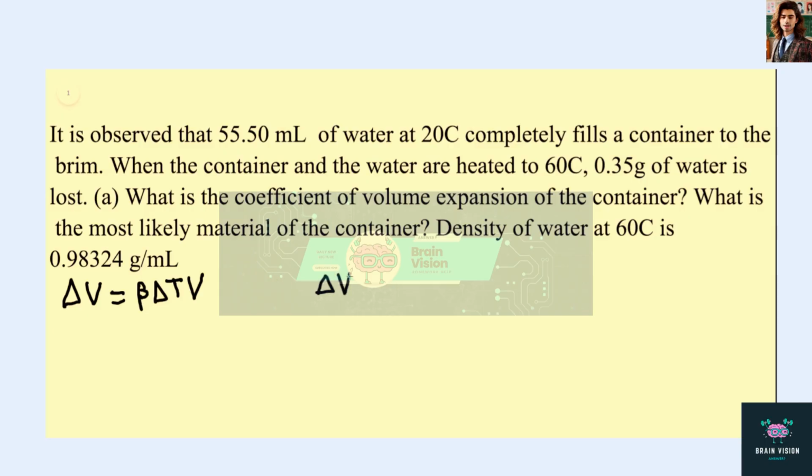delta V, let's call this delta V water for clarity, is equal to coefficient of volume expansion, which is given in the table, or look it up, 210. So in this case, beta is 210 times 10 to the minus 6. And the change in temperature, 60 minus 20, is equal to 40.